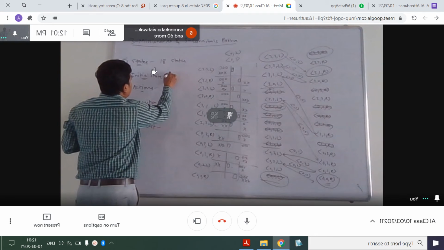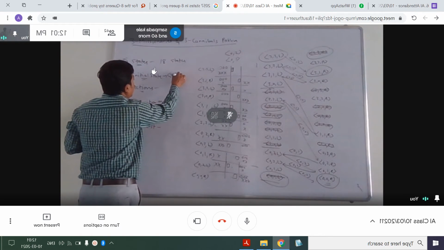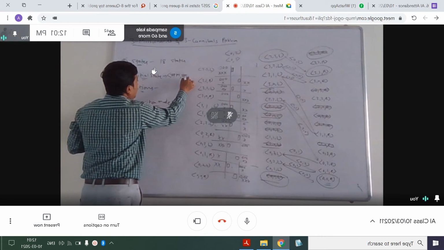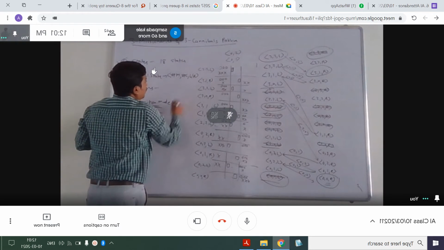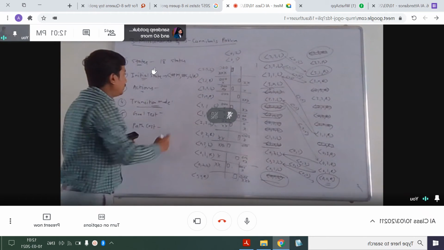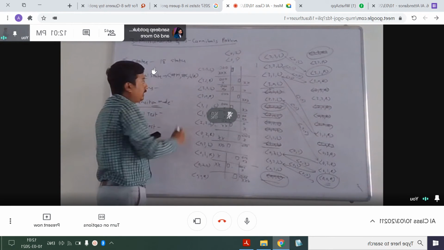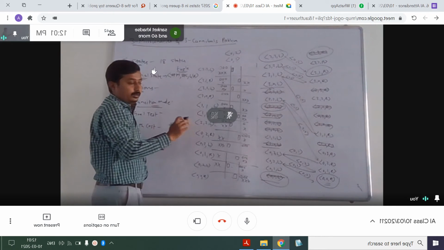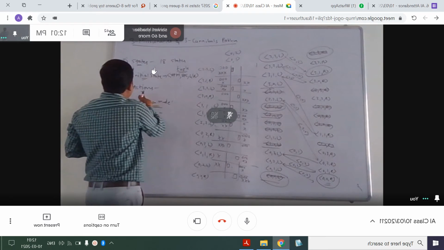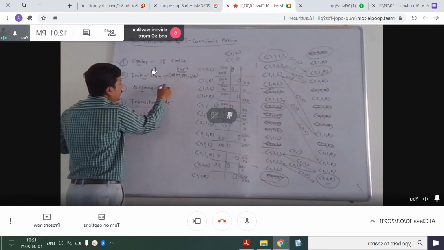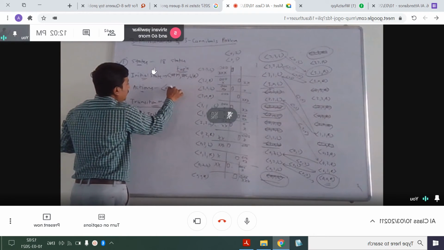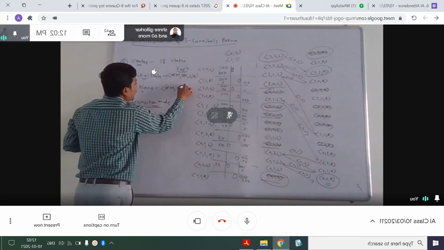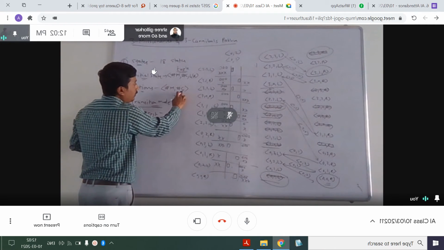Number of missionaries, number of cannibals, and the position of my boat, whether it is on the left bank or right bank. So I have represented the state of left bank only with the help of this tuple, and I am representing action by this tuple, a two element tuple, number of missionaries and number of cannibals.